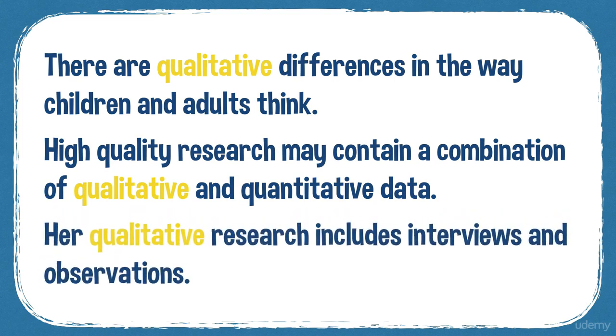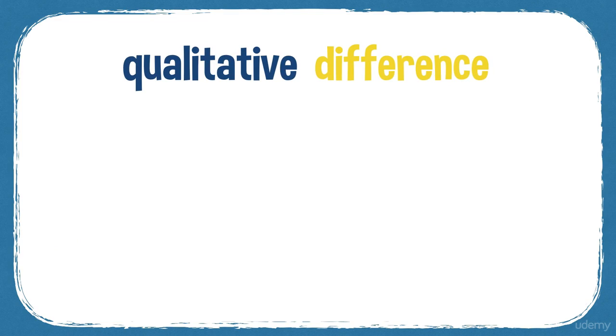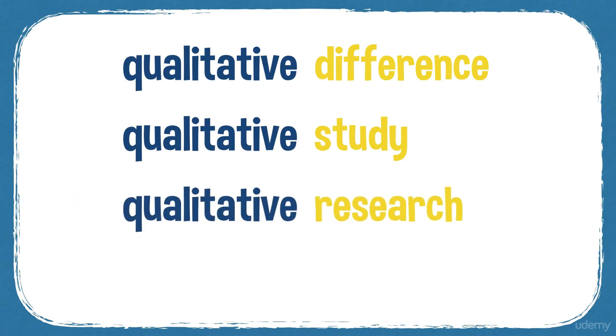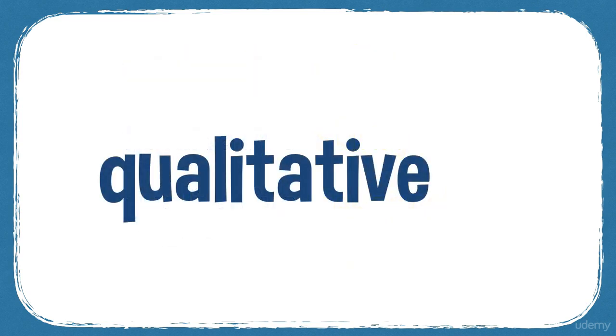Her qualitative research includes interviews and observations. So qualitative research often includes interviews with people, observations of people acting, doing something. We often talk about a qualitative difference, a qualitative study, a qualitative piece of research, and qualitative data. And you can turn it into an adverb, qualitatively.